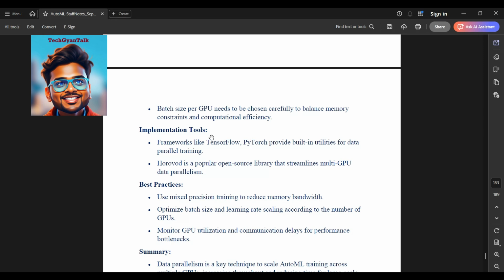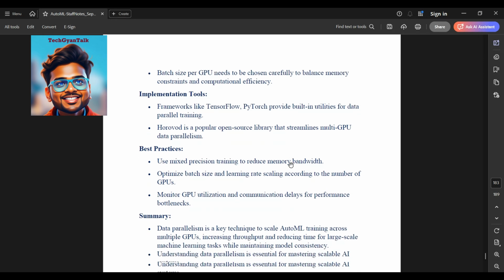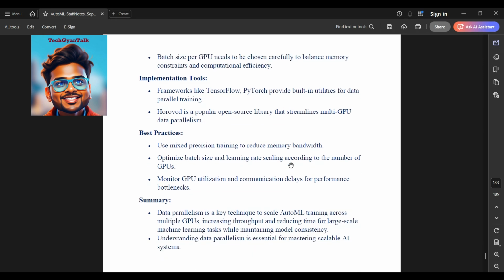For implementation, frameworks like TensorFlow and PyTorch provide built-in utilities for data parallel training, and Horovod is a popular open source library that streamlines multi-GPU data parallelism. Best practices include using mixed precision training to reduce memory bandwidth, optimizing batch size and learning rate scaling according to the number of GPUs, and monitoring GPU utilization and communication delays for performance bottlenecks.